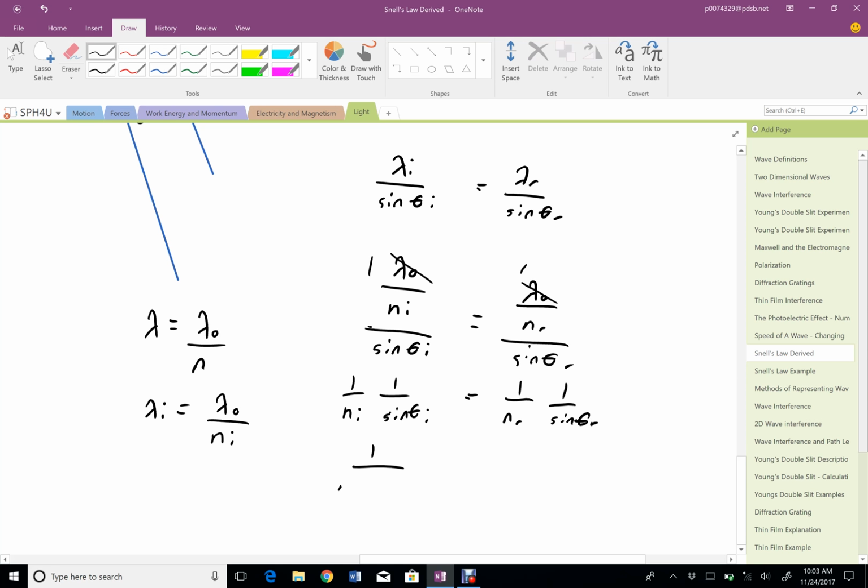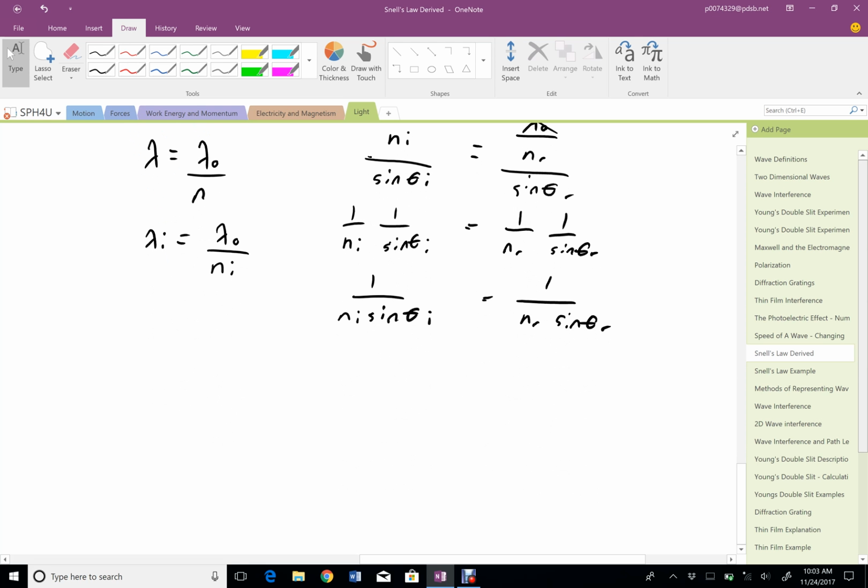So 1 on n_i sine theta I is equal to 1 on n_r sine theta r. And then I can just take the reciprocal: n_i sine theta I is equal to n_r sine theta r. And that's it. That's Snell's law.